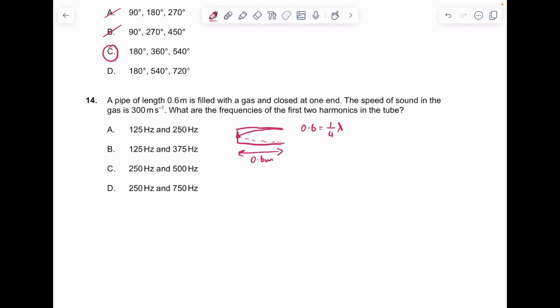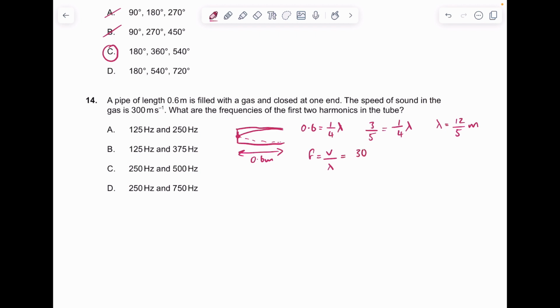I find these sorts of questions, it's just easier to work in fractions than it is in decimals, with this being a non-calculator paper. So that is 3/5 is equal to a quarter of lambda, or lambda is equal to 12/5 metres. We can then work out the value of F from V over lambda.